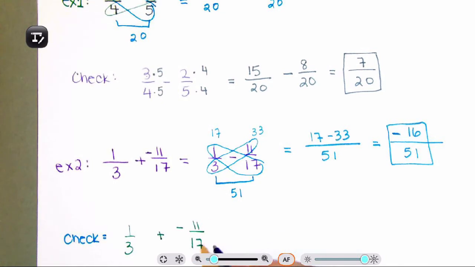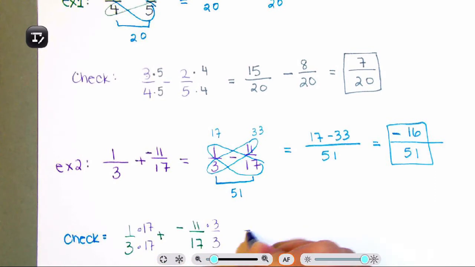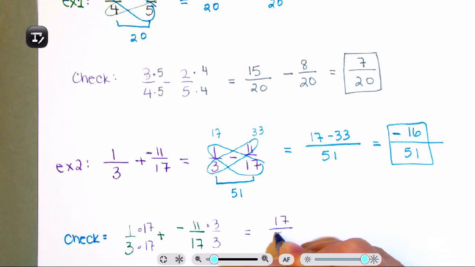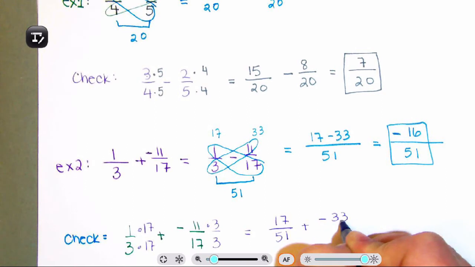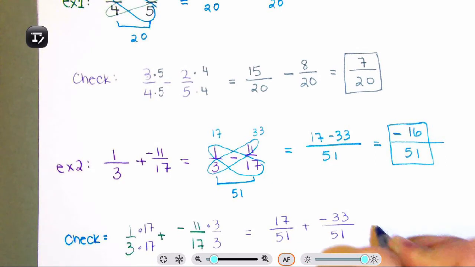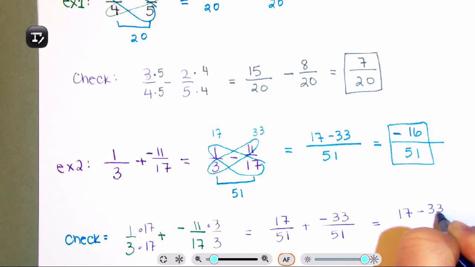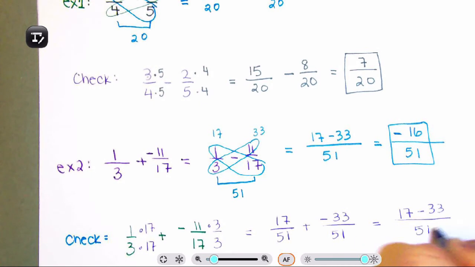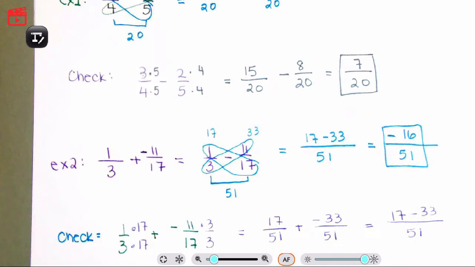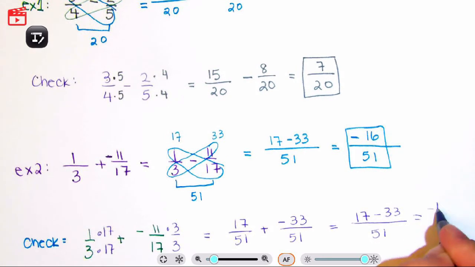Common denominator, we're going to multiply by 17 top and bottom, and we're going to multiply by 3 top and bottom. So I have 17 over 51 plus a negative 33 over 51. So what I have is 17 minus 33 over 51, and things are starting to match here. So therefore, my answer is negative 16 over 51.